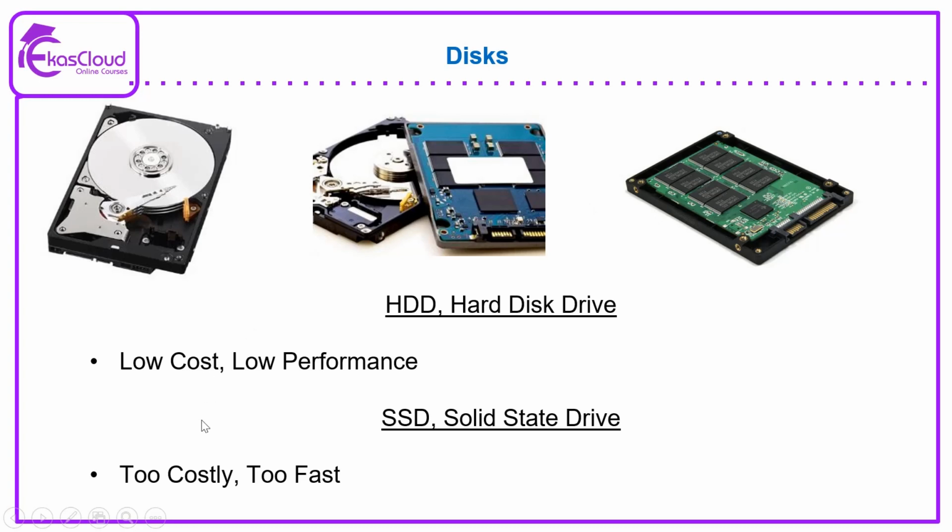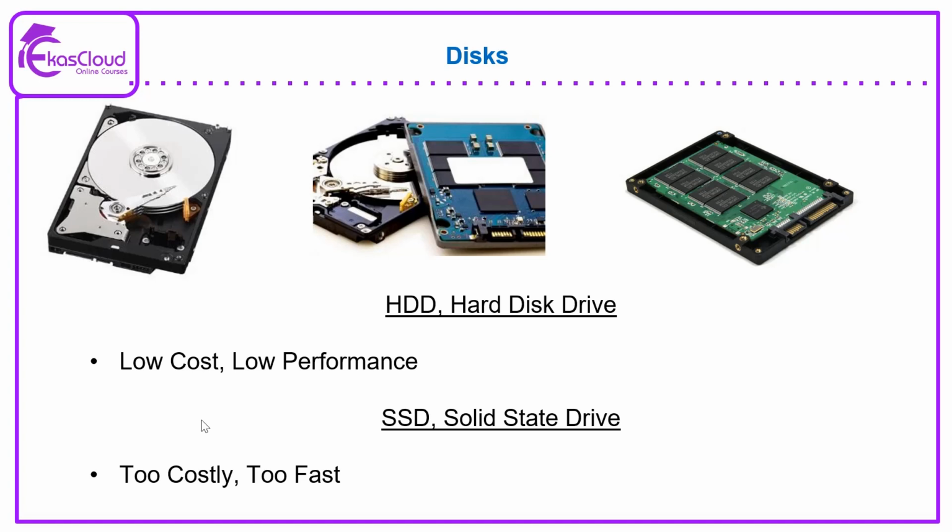The main difference between the hard disk drive and the solid state drive is that in a hard disk drive, you have a magnetic disk which is constantly revolving. It stores all the data.